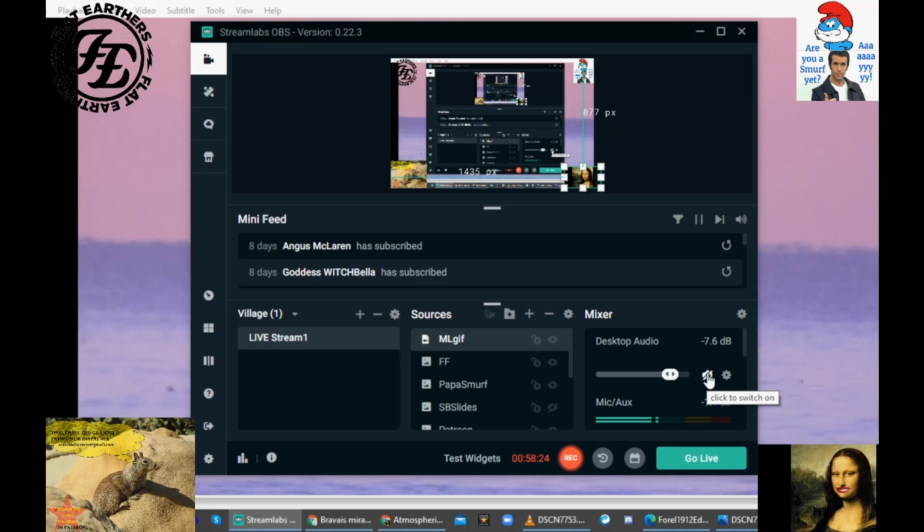Right there, it's muted. There it's not, but I don't know why it's not reading the same way. I don't think this is activated somehow.